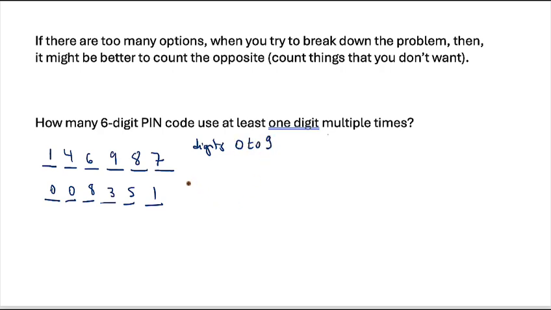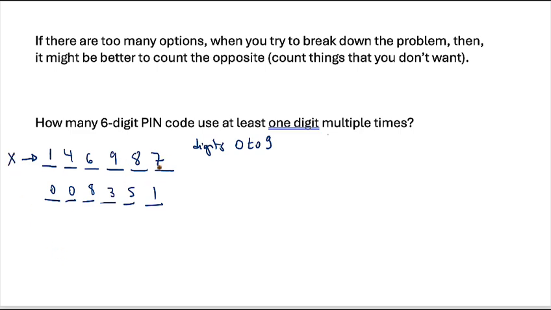Now the question is, how many of these 6-digit pins use at least one digit multiple times? So let's understand. I am actually not interested in this case, right? Because this doesn't use digits repeatedly, okay?